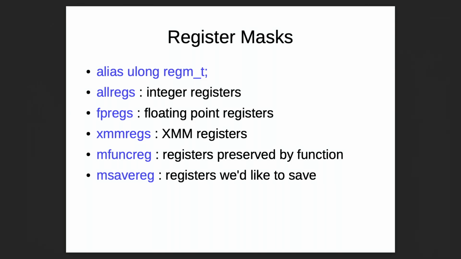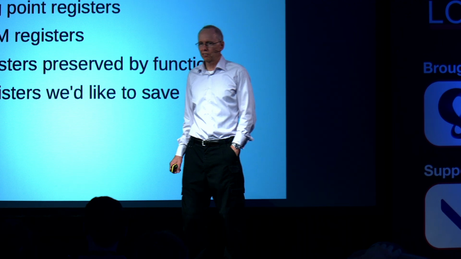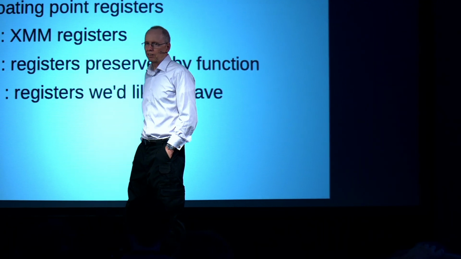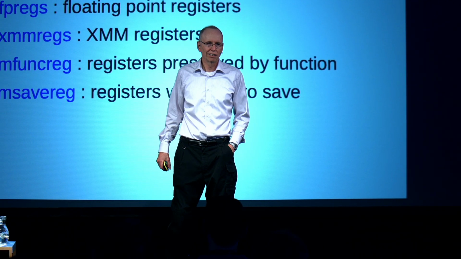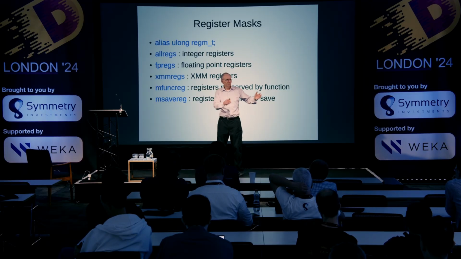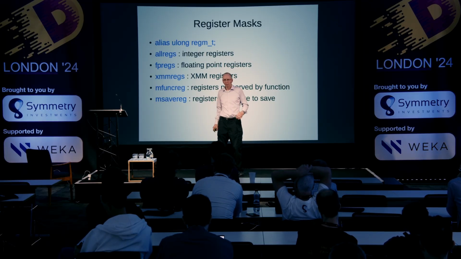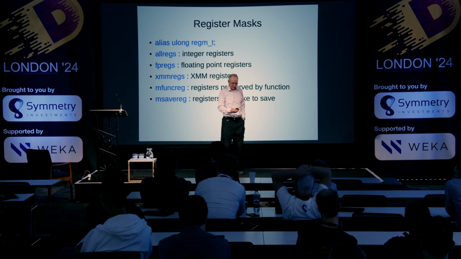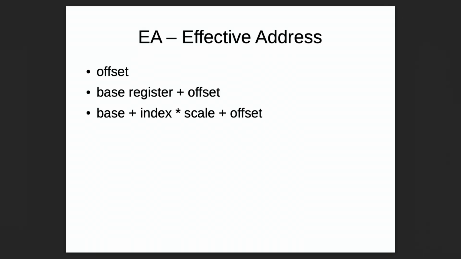On the x86, you have the XMMregs, which are the SIMD registers, mfuncreg, which is the registers preserved by a function, and msavereg is the registers we'd like to save. A lot of the operations in the code generator boils down to bit masking operations. And I'll get more into that a little later, but once it's clear what these variables are actually for, it's what drives code generation.